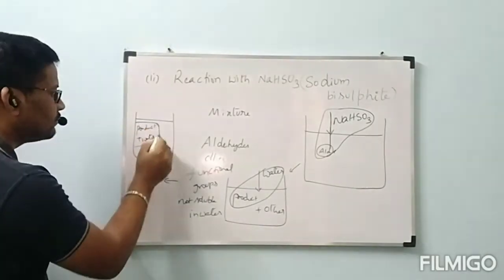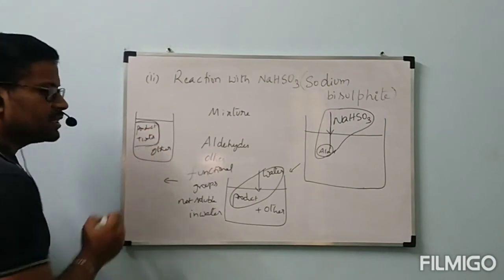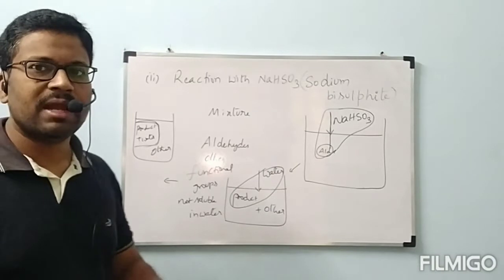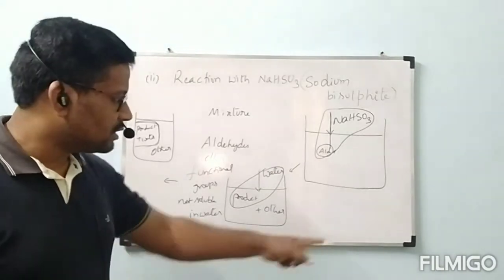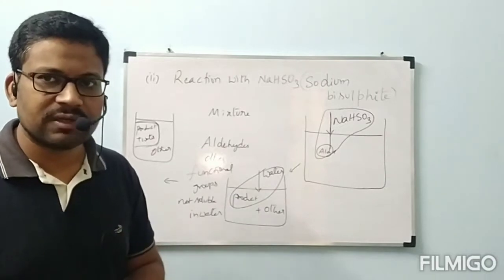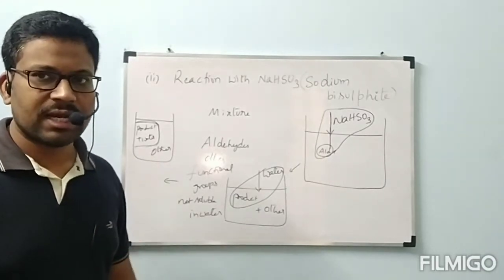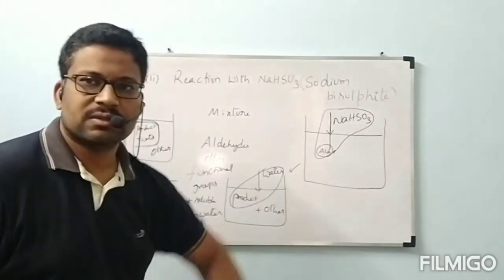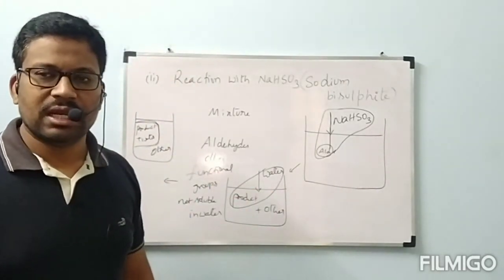After separation, this product plus water is there. From that, we can again get aldehydes and ketones simply by hydrolysis, the reverse reaction. Every reaction here is reversible. If you just hydrolyze it, we can easily get back the aldehydes or ketones from the substance formed when they reacted with NaHSO3.